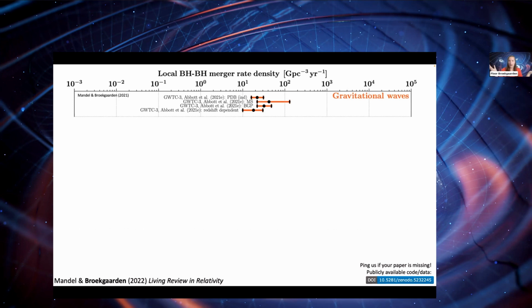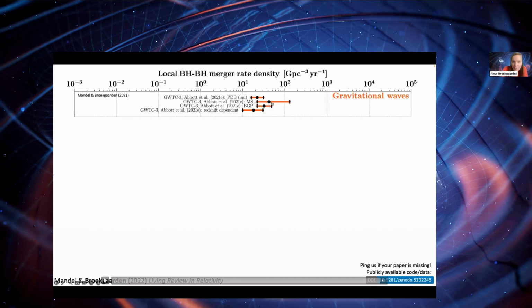So LIGO, Virgo, KAGRA have observed about 100 black hole collisions to date, and they know what volume they're sensitive to. So from this, they can derive how many black hole collisions there are locally in the universe per year per volume. Now, LIGO found something for binary black holes between 10 and 100 black hole collisions per gigaparsec cube per year.